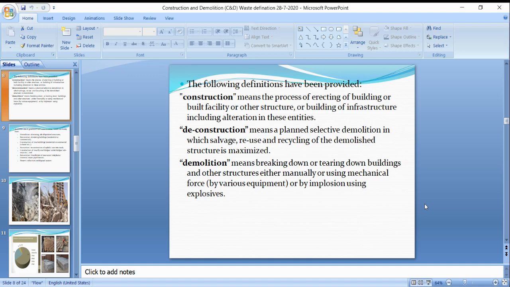Generally demolition happens after the building's service durability is over, and those structures are called demolition. So deconstruction is when we are constructing, we have to plan that whatever material we are using should be reused or recycled, so that we maximize it.